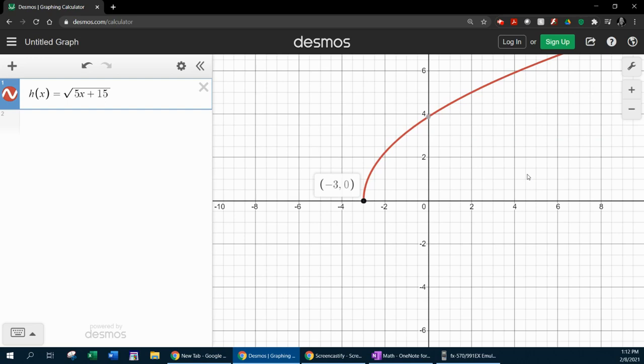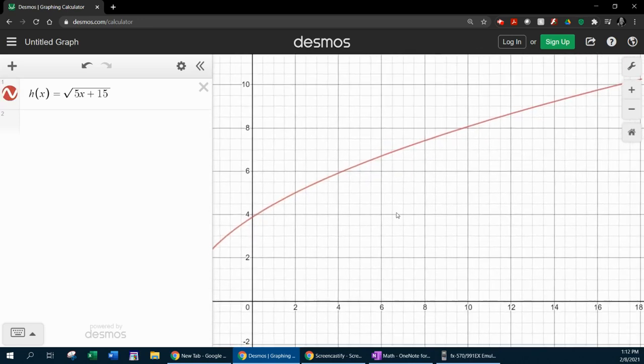And since we've got the graph pulled up, it's also super easy to do the range. Let's go ahead and talk about the range for a second. Remember, the range are the values that y can be, and the range has to go from low to high. So there's no graph down here. The graph starts existing on the x-axis, which is at a y-coordinate of 0 here.